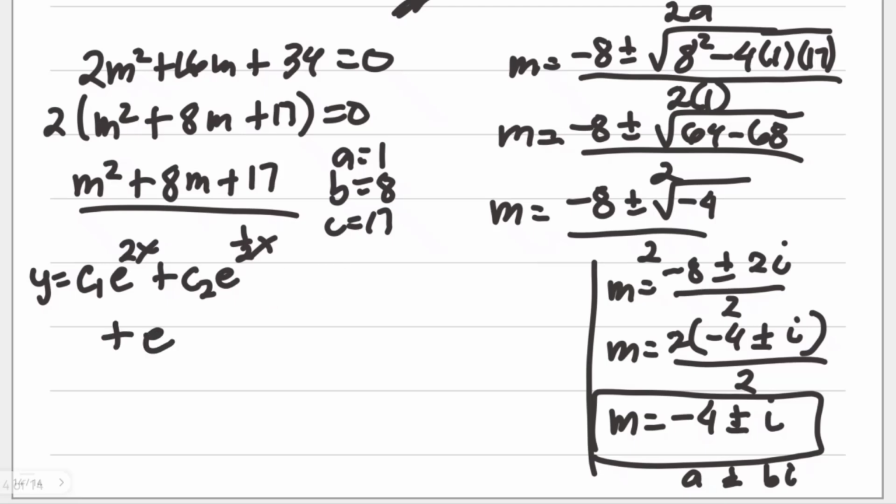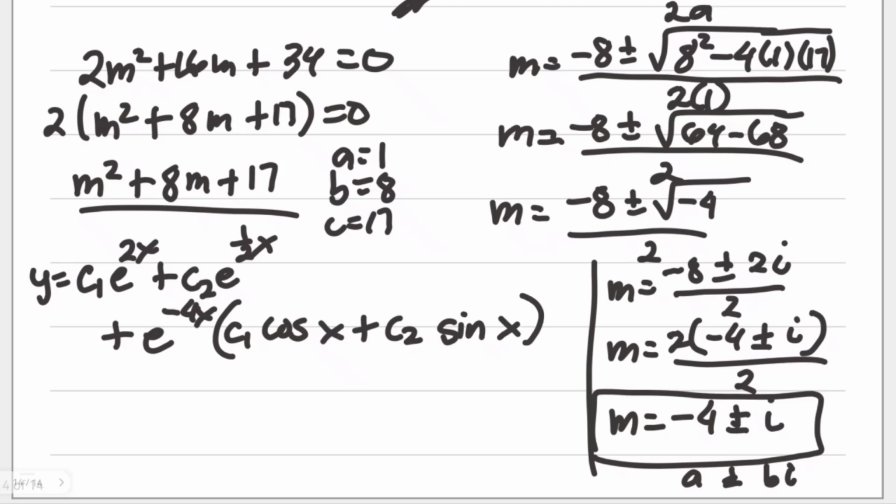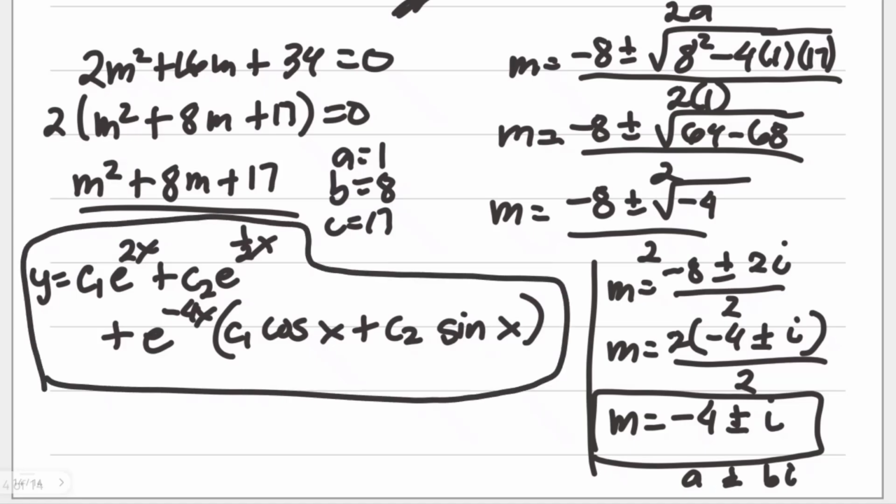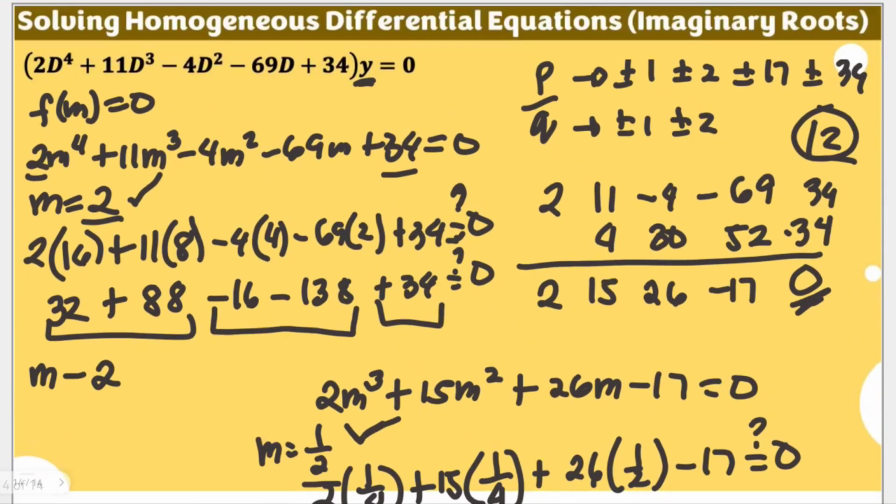E to the power of negative 4x times c sub 1 cosine, your b is 1, so cosine 1x or cosine x, plus c sub 2 sine x. So combining this, these are for distinct real roots, these are for your imaginary roots. Bottom line, the entire equation here is our solution for the given differential equation.